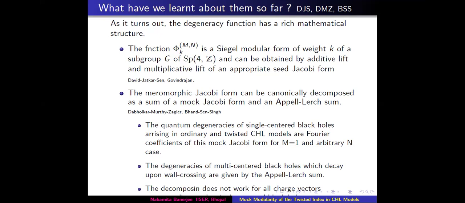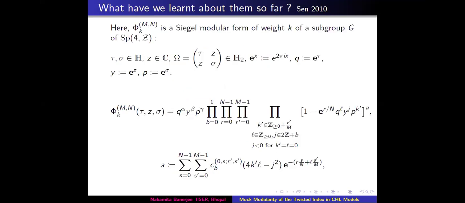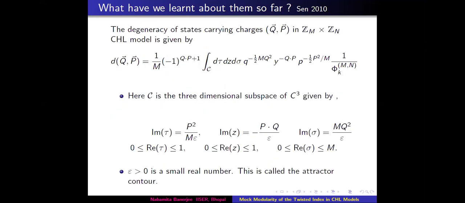So D actually has the information of all possible states. Those can be single-centered black holes or those can be multi-centered black holes. Upon choosing the right contour, and being in a particular chamber, this formula tells us how to get the D which will only correspond to the single-centered black holes.